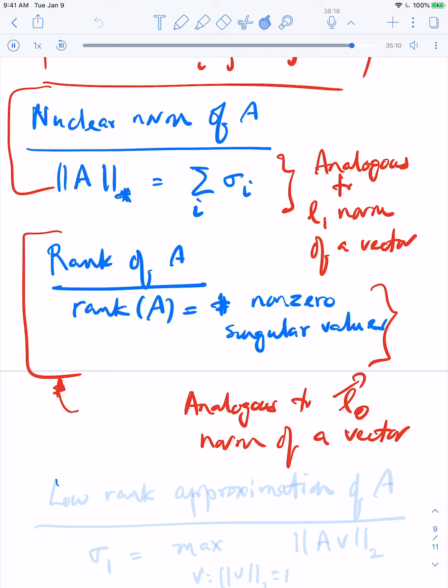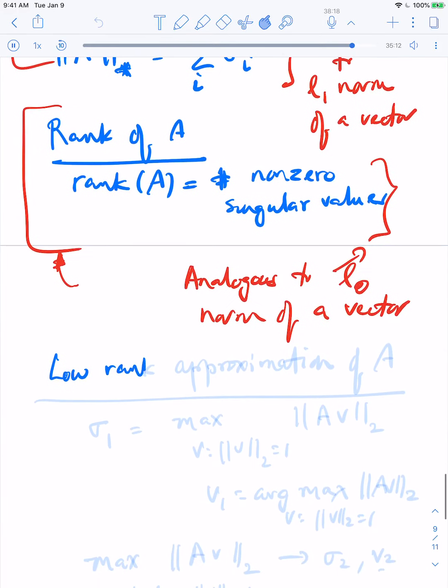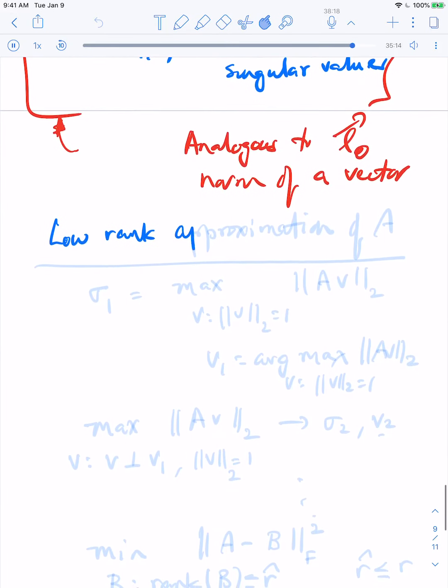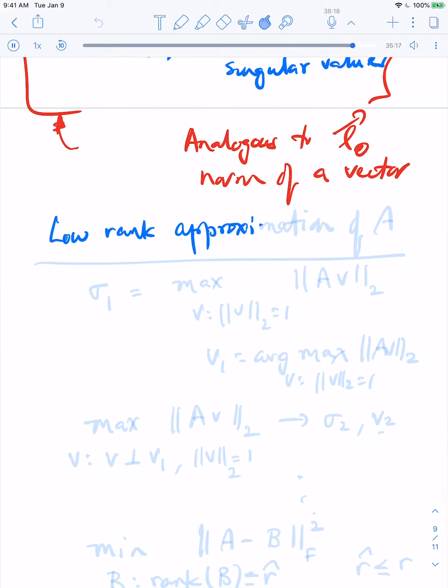One more general statement I want to make about the SVD is its role in low rank approximation of A. Basically, it's pretty easy for us to see, because these Vi that we have in the SVD are orthonormal, that we can come up with a successive decoding kind of, if you want to call it that, method for getting the SVD.